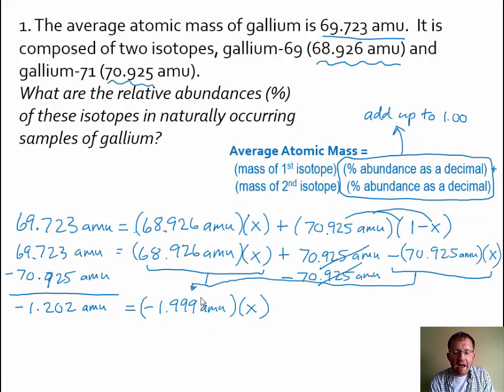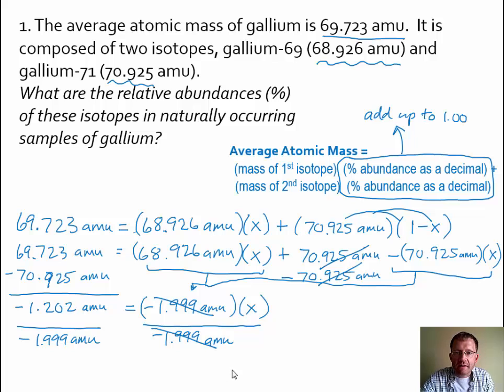And so I'm going to divide both sides by negative 1.999 AMUs. And this is when those darn AMUs will disappear. That will get rid of all this. This is going to vanish because it's going to cancel itself out. And over on the left side, my AMUs will also cancel themselves out.